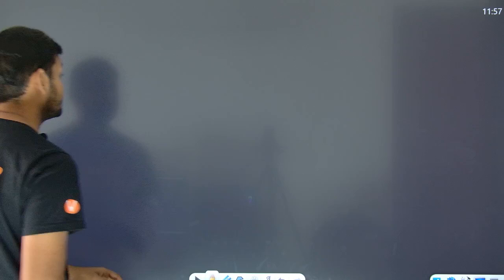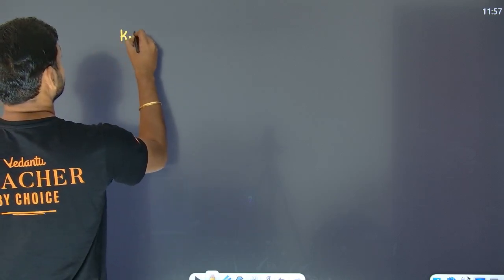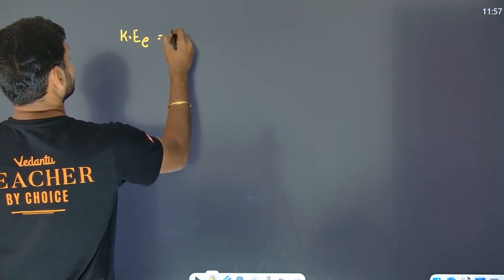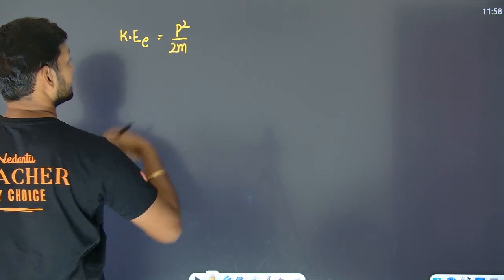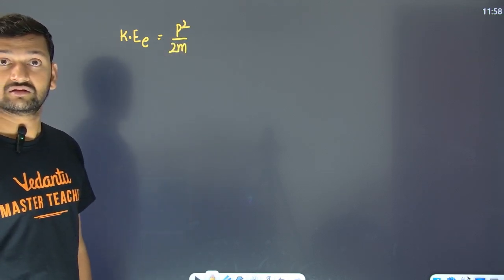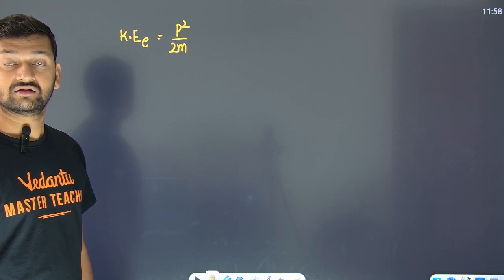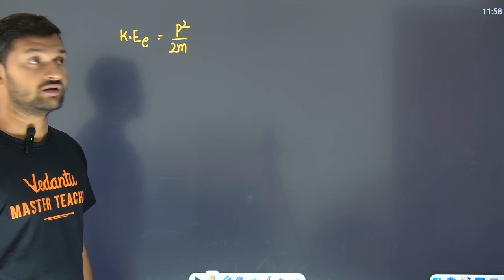Now let us talk about the kinetic energy of the electron. The kinetic energy of electron can be written as what? Momentum square divided by 2m, right? Right or wrong? Okay.